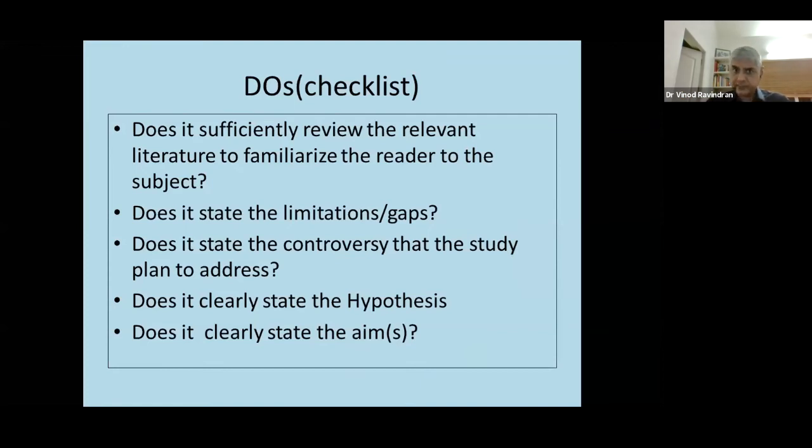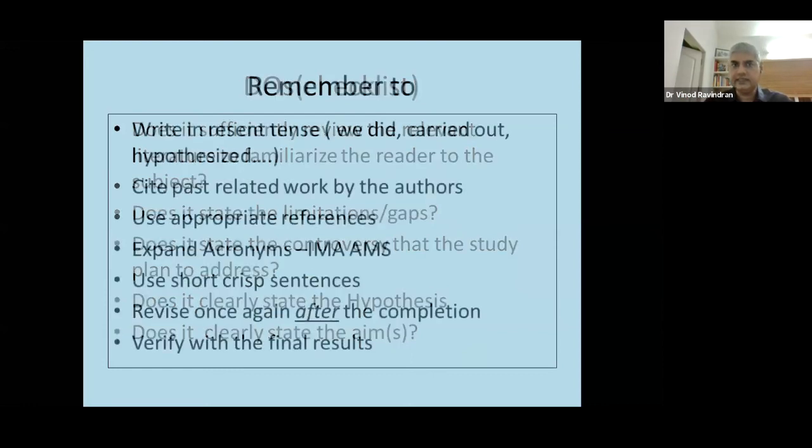I will further check whether I have clearly stated the hypothesis or the primary or secondary objectives of the study. And have I mentioned in brief what is actually going to be in this study, whether it's going to be a case control study, randomized control trial, or anything else.